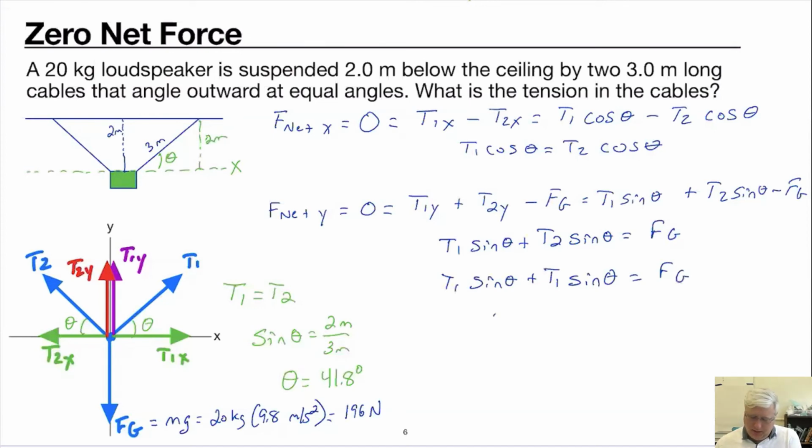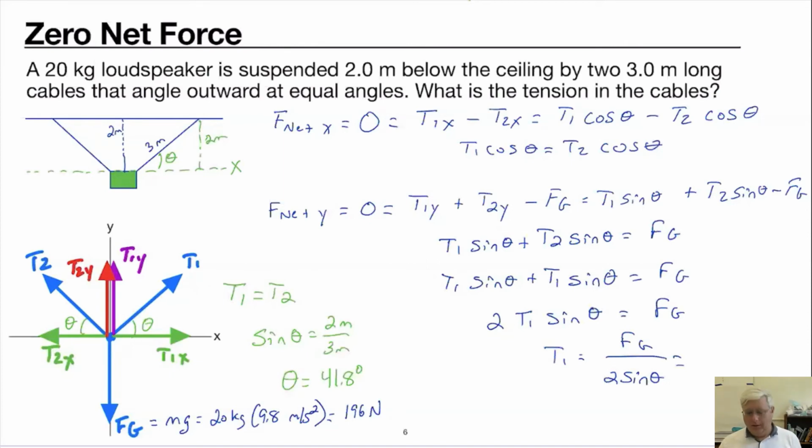Then basically we have 2 T1 sine theta equals force of gravity. And so solving for T1, we get force of gravity over 2 sine theta.